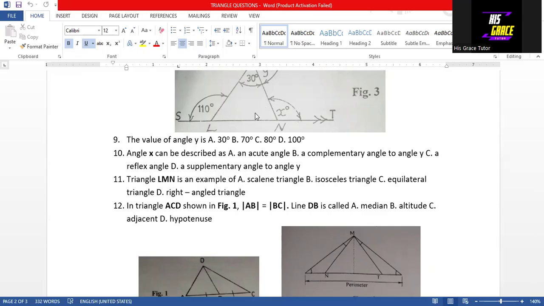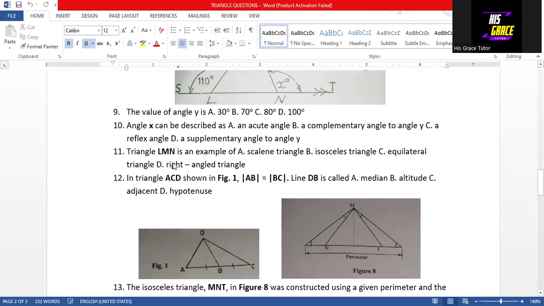So if this angle is 80 degrees, this angle here is a supplementary angle to this angle that we have inside here. So let's pay attention to that. The answer is option D here. So angle X is supplementary to angle Y, because this angle here is also angle Y, which we have gotten its value to be 80 degrees.